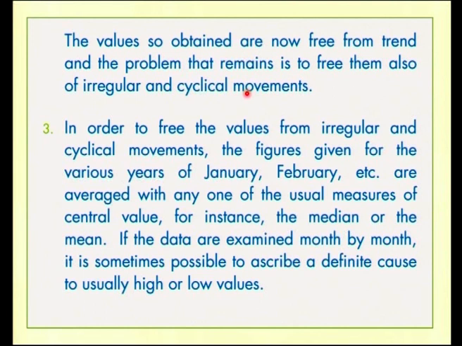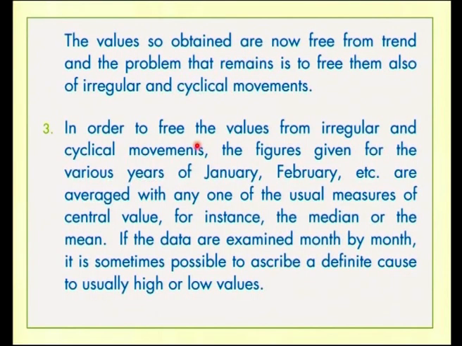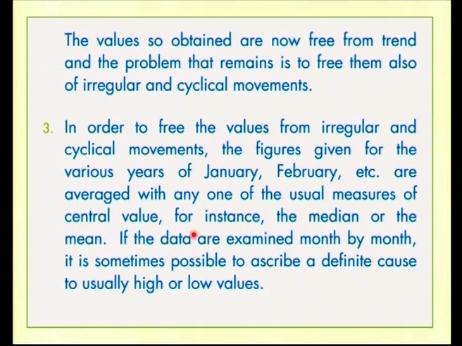So there remains SCI, and when the cyclical and irregular movements are free for that particular case, then there remains only seasonal fluctuations. In order to free the values from irregular and cyclical movements, the figures given for the various years of January, February, etc. are averaged with any one of the usual methods of central values, either the arithmetic mean method, the geometric mean method, or the mode method. There are various methods for calculating the averages.